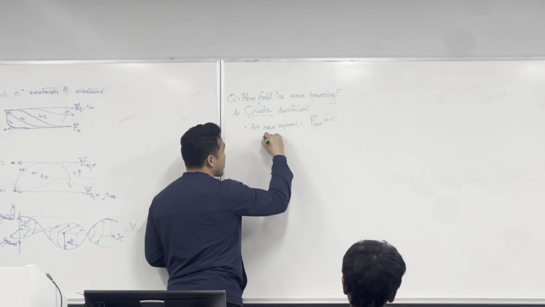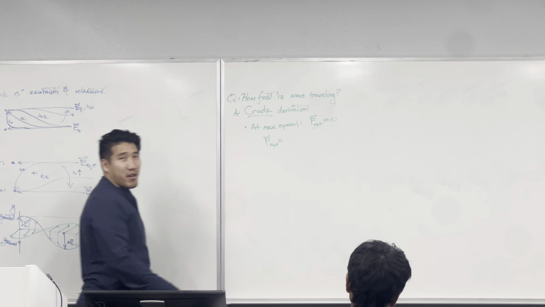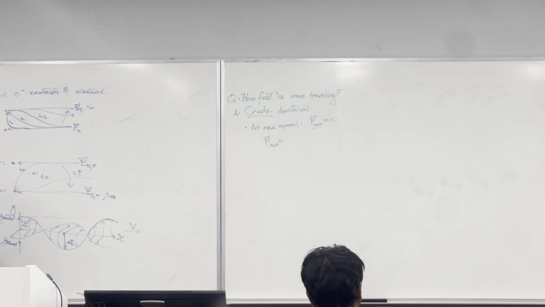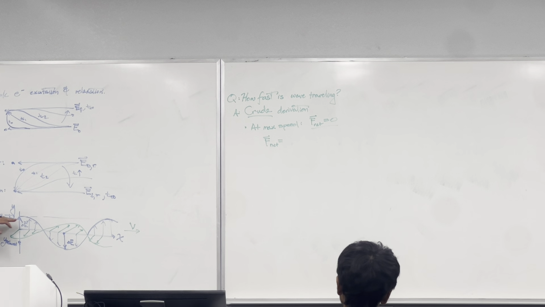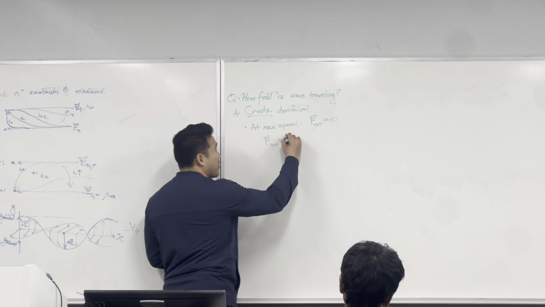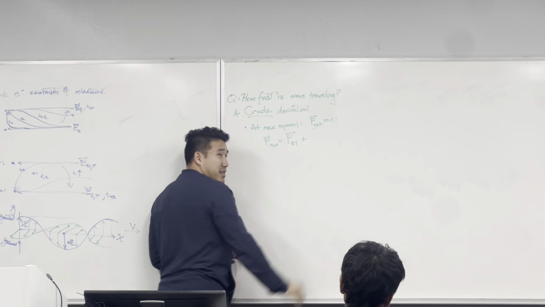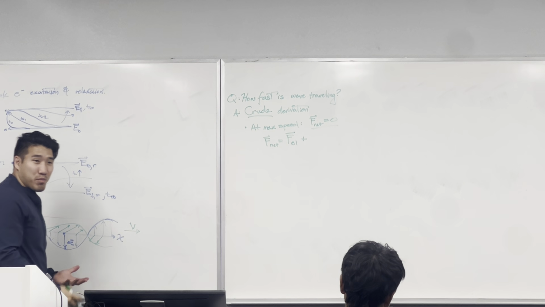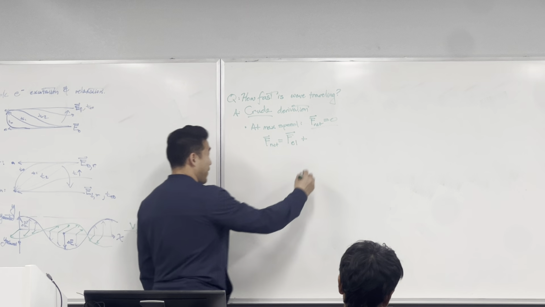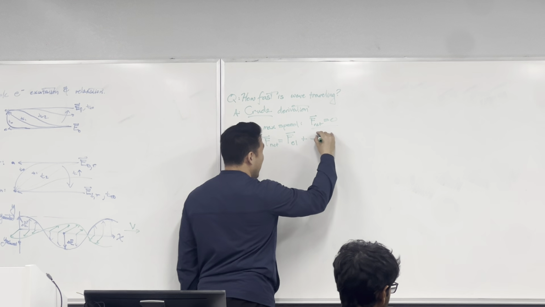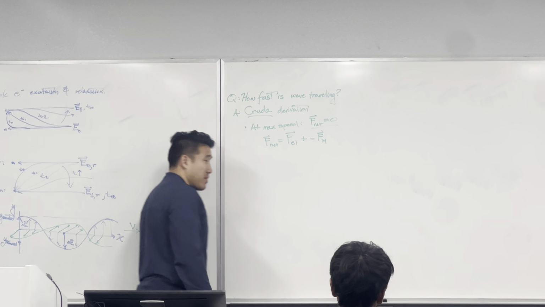Let's look at the force balance. What are the different forces that are active? We have the electric field and the magnetic field. So we have a force contribution from the electric field, plus a resistive contribution from the magnetic field, so let's call it negative F magnetic.